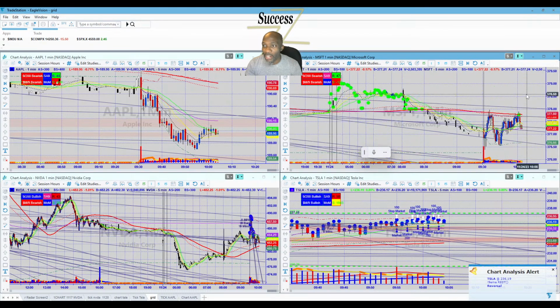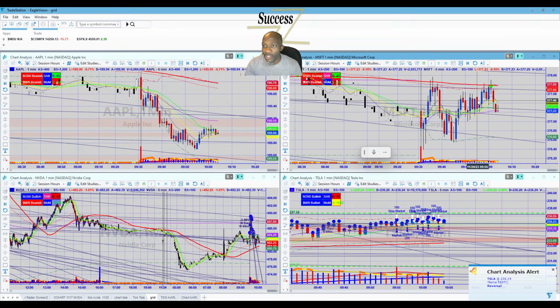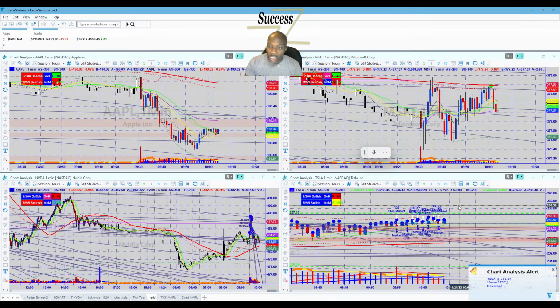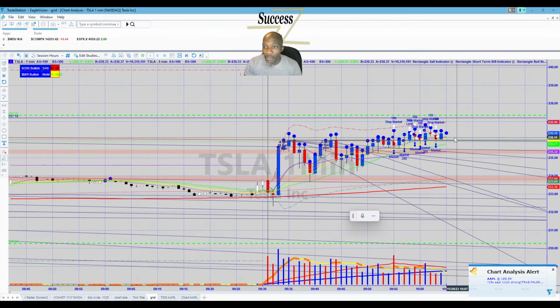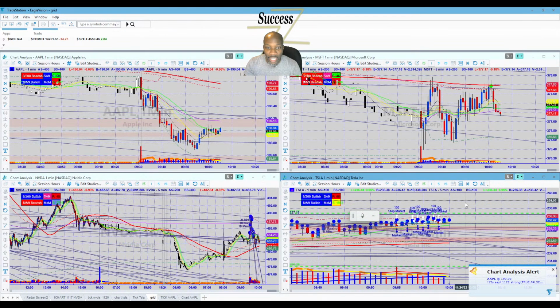All right, so now Microsoft is actually getting into green dot territory, which means that it's trending up on the 1 minute, 5 minute, and 15-minute time frame. All those time frames are trending up. Tesla does not have that. Tesla is not trending up on all time frames. It just is showing some strength, moving toward those breaks. But it's not there yet.